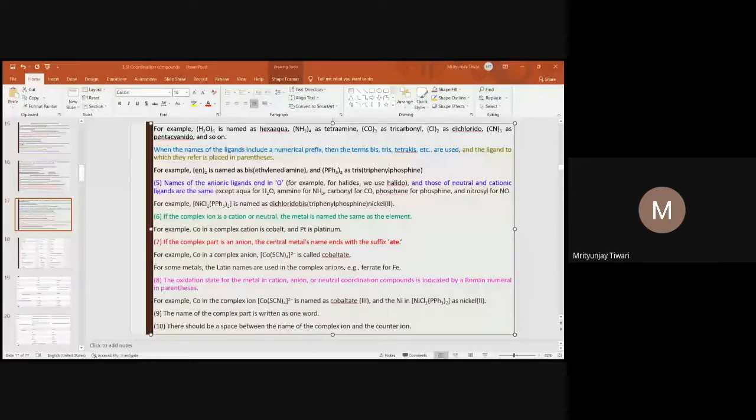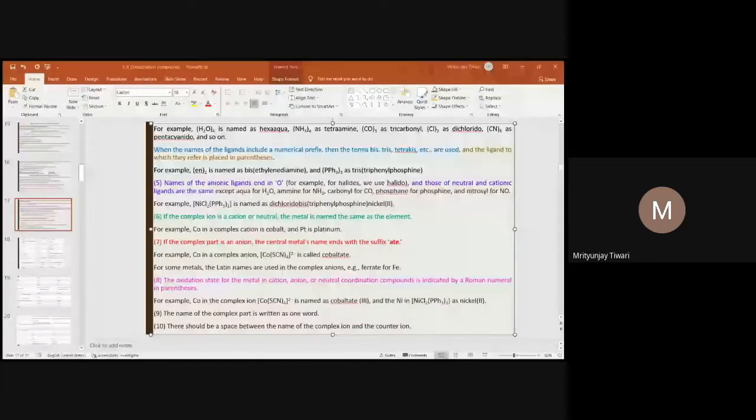If the complex entity is cationic or electrically neutral, what I have said depends on the charge on the ligand, whether the ligand is negatively charged, electrically neutral, or cationic.